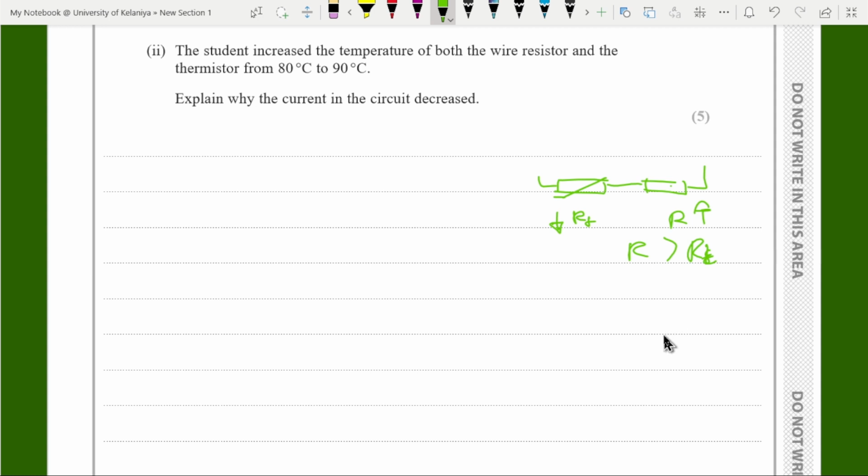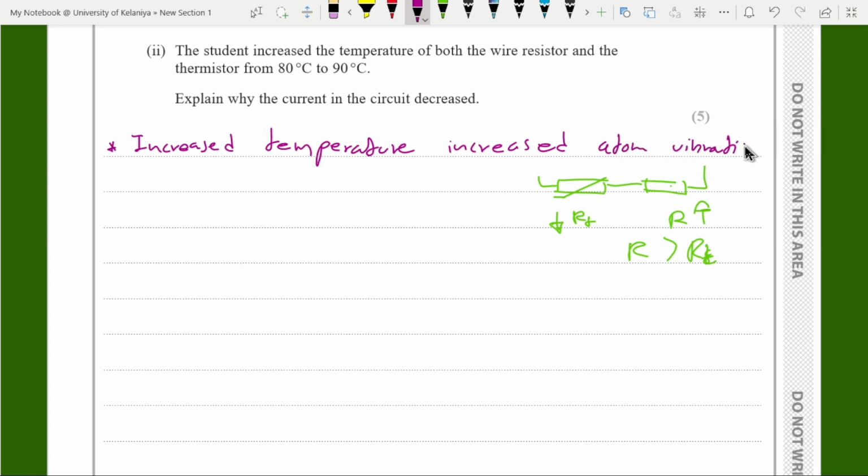Now we have to write this, right? So what you have to write: increased temperature, increased atom vibrations, or you can write lattice vibration or whatever you prefer. I'm writing atom vibration.